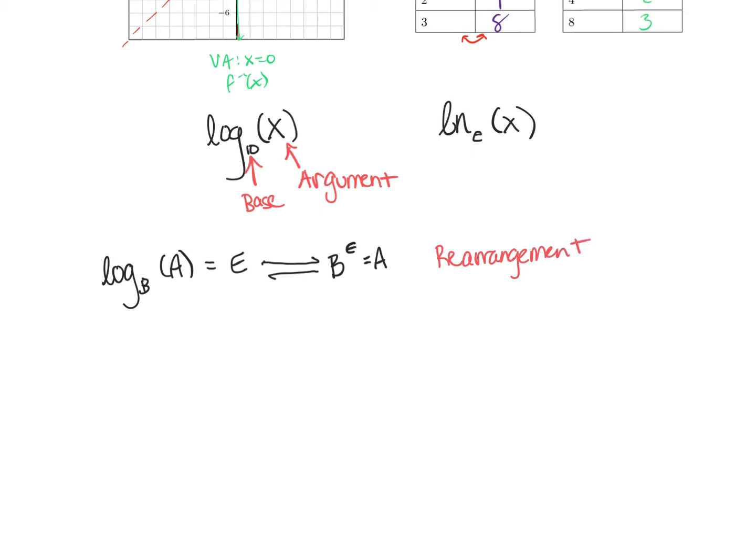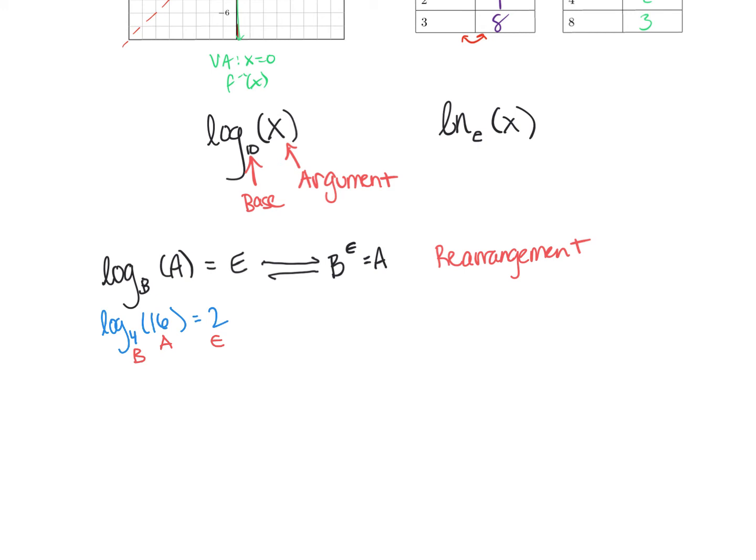Now, when I think of this rule in my mind, I call this the log-bay rule, because it helps me remember the order of my base, answer, and exponents. When I turn it into my exponential form, that's my base, my answer, and my exponent. So for instance, if we had something like log base 4 of 16 is equal to 2, well, this is log base, answer, exponent, or log bay.